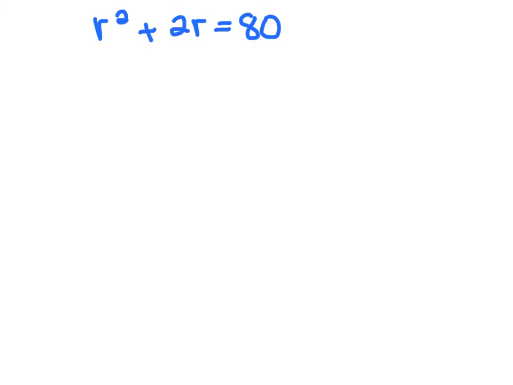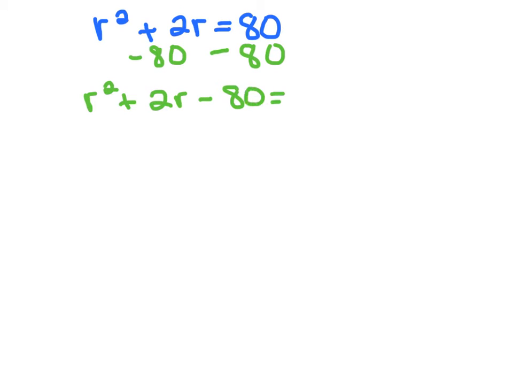So this guy says equals 80, which is not the same thing as equals 0. So in order to make him say equals 0, we are going to minus 80 from the right side and minus 80 from the left side. Right? So then we'll go ahead and combine like terms. r squared plus 2r minus 80 equals 0. So there's our first step, set equal to 0, check.